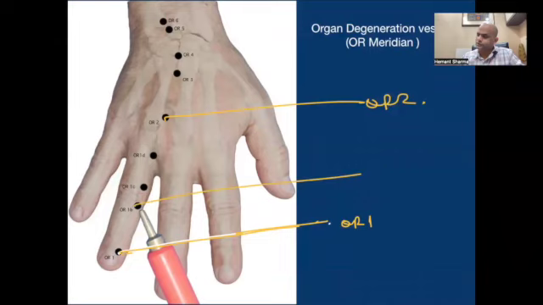So he gave names like OR1A, 1B, 1C, 1D, like that, right? So these are the points found in between. Each and every point is very wonderful, and we will be treating these points at the very deep level of the disease. We will be discussing them.